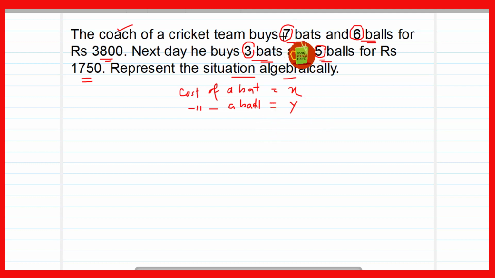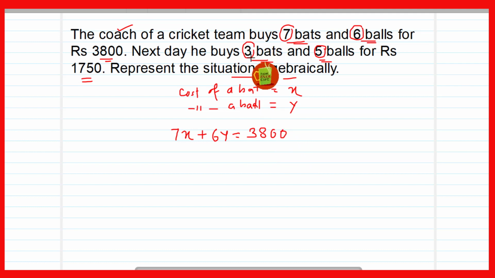He buys 7 bats, so the cost of the 7 bats at the rate of X rupees will be 7X, plus he buys 6 balls, and the cost of 6 balls at the rate of rupees Y will be 6Y, and together he spends rupees 3,800.